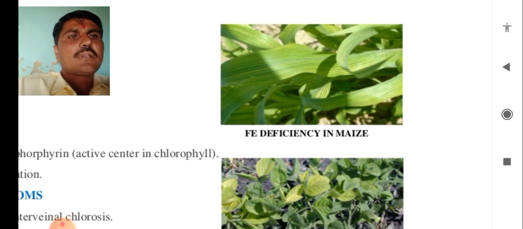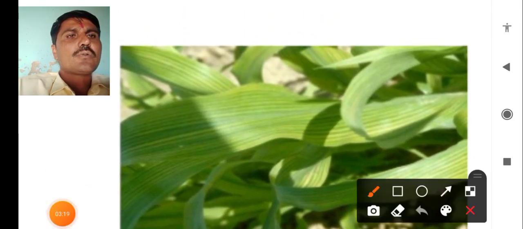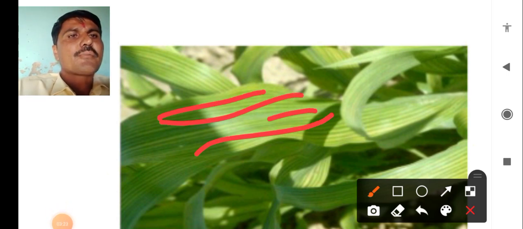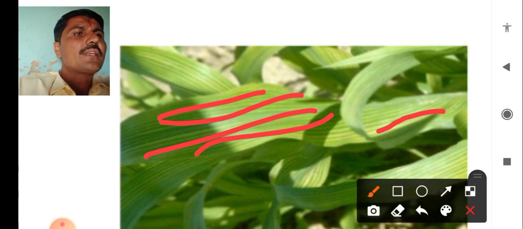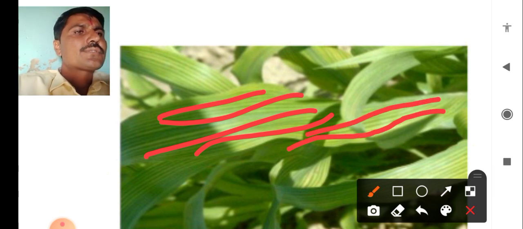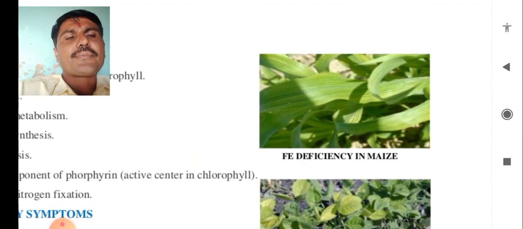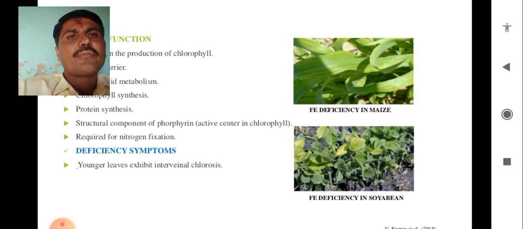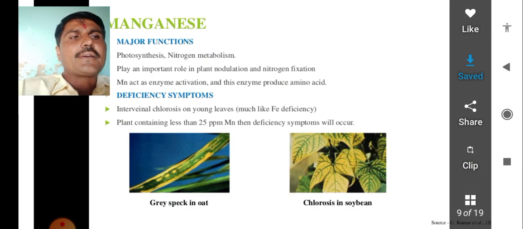And again you can observe this maize leaf. See, look at this yellow streak. These are the parallel venation of the maize leaf. These are the yellow stripes which are present on this maize leaf. So this is what about the deficiency of the iron.